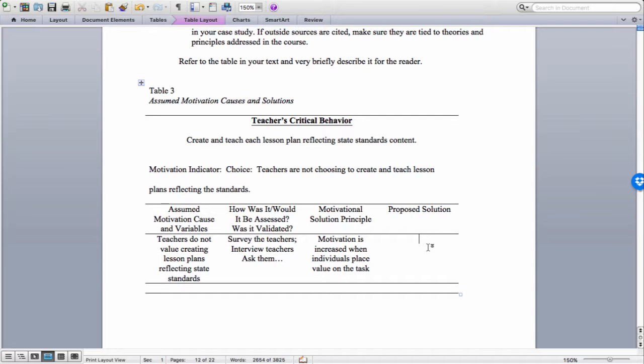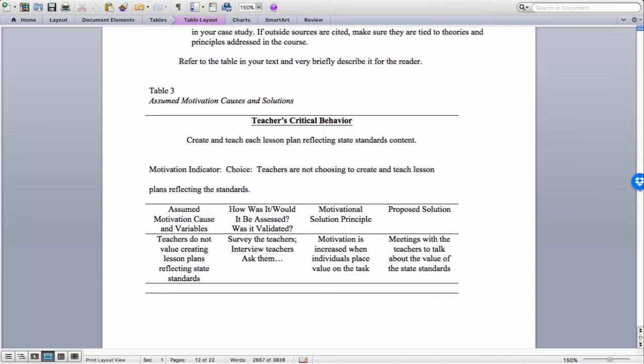And the solution then might be that there should be meetings, for example, with the teachers to talk about the value of the state standards.